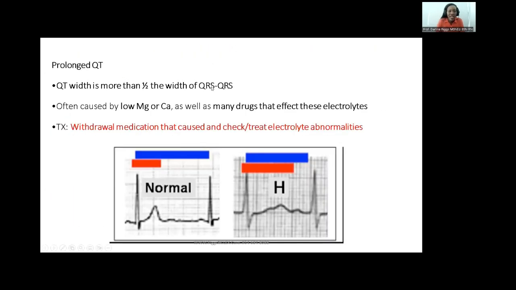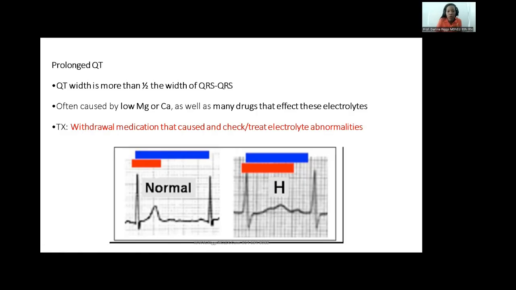Okay, so sometimes you get clients with prolonged QT, which I mentioned briefly earlier. Those are usually electrolyte issues. Low magnesium, I mentioned this with torsades de pointes. So if you have an electrolyte issue, you may see a prolonged QT interval. So for those clients, we need to pull a chemistry panel. We want to see the magnesium and the calcium.